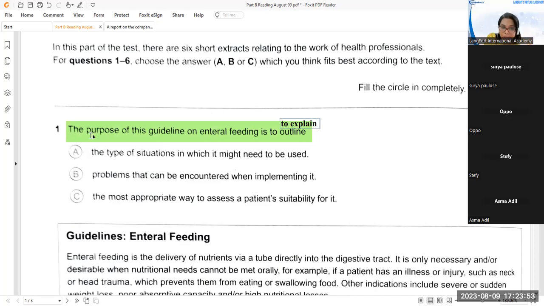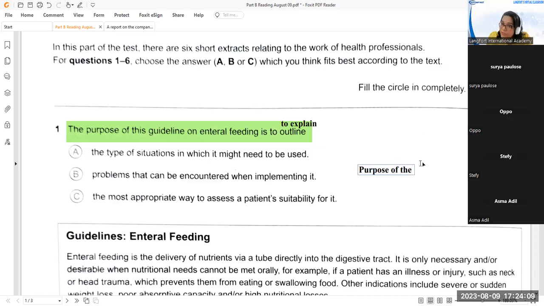So all of you go through it. The purpose of this guideline on enteral feeding is to explain what. So we need to find out the purpose of the guideline.